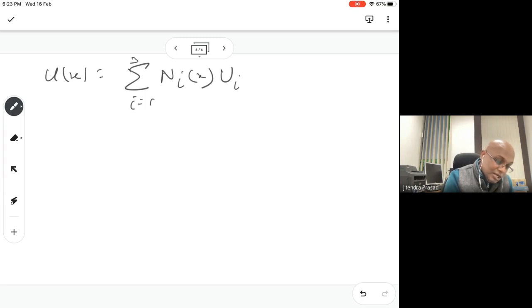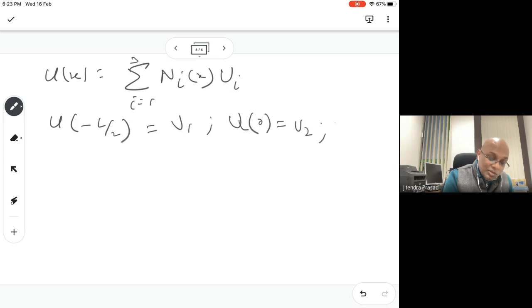since this is given like this, that tells you that U at x equal to minus L over 2 will be equal to U1. U at 0 is equal to U2, and U at L over 2 equal to U3. Right?